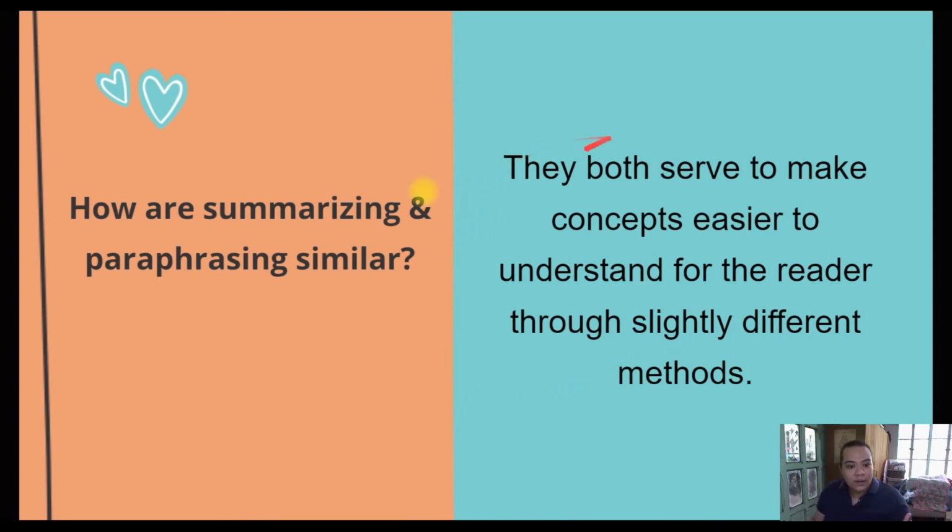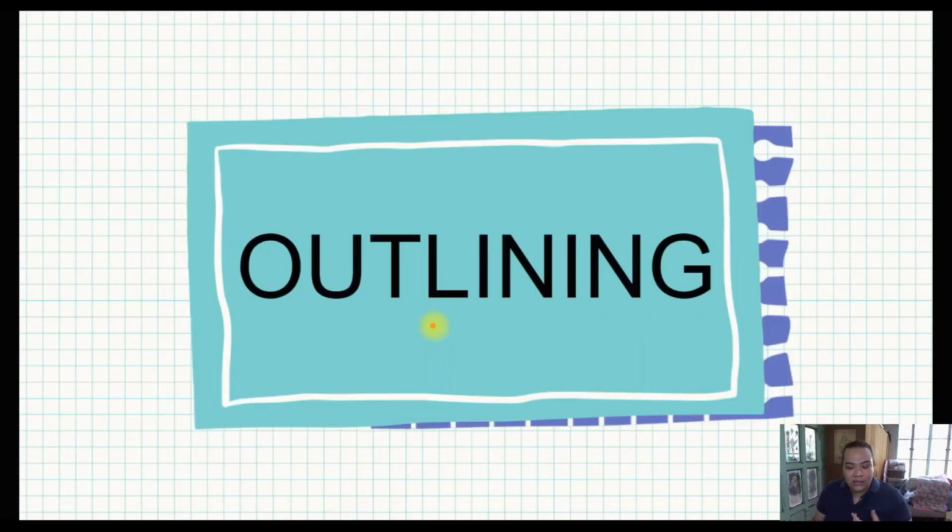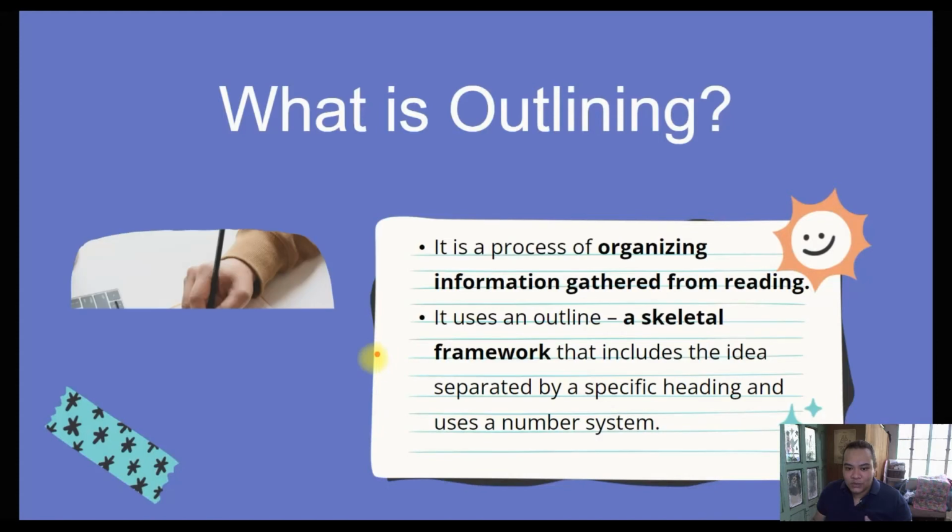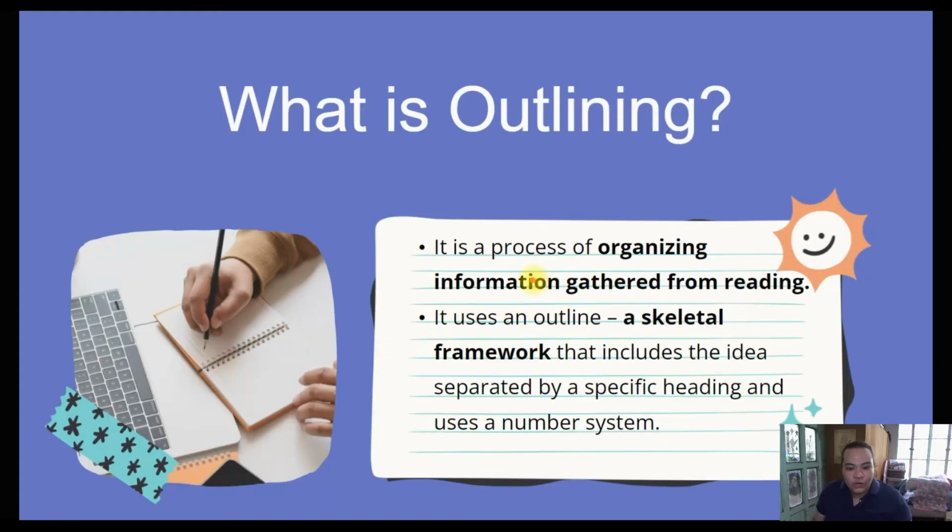Now, summarizing and paraphrasing are also similar in that they are presented to us in paragraph form. Okay, they are written and presented in paragraph form. But the next way of condensing text is different because it is not written in paragraph form, and that is outlining. Outlining, as you can see here, is a process of organizing information gathered from reading.